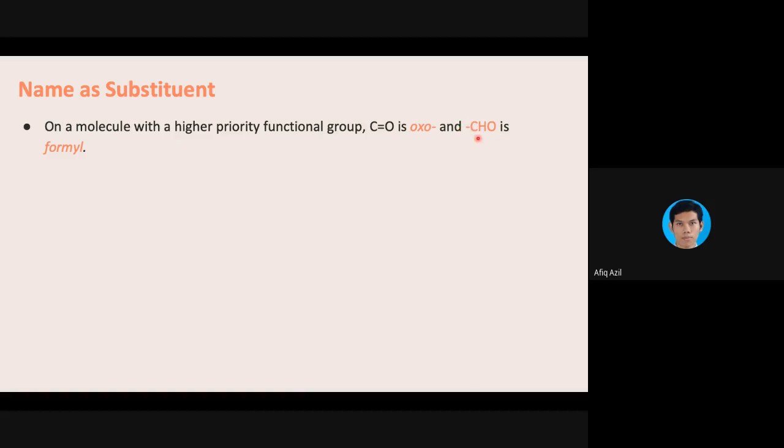And for an aldehyde, C double bond OH, it will be known as formyl. Aldehyde will always take higher priority than ketone if the same structure contains two carbonyl groups, one aldehyde and one ketone. So always pick the aldehyde as the highest priority.